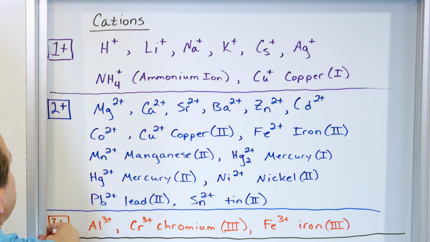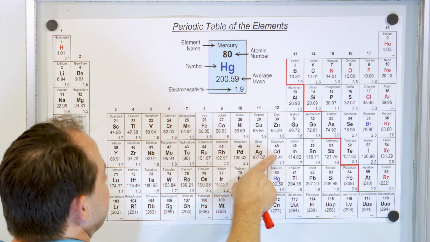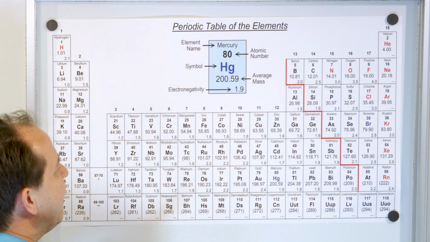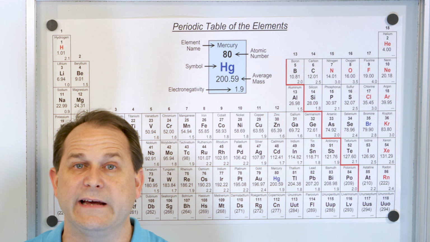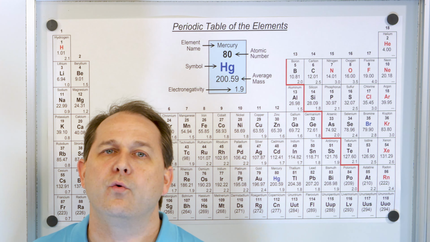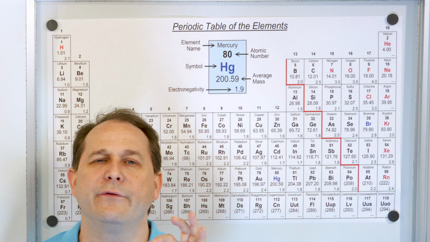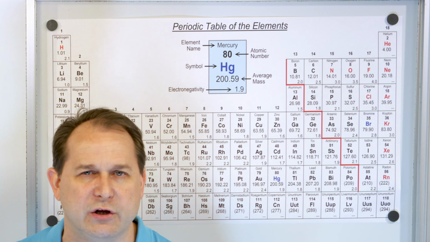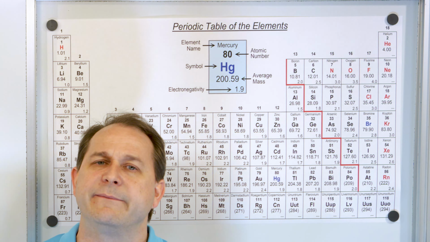Now here is silver. This one's different. Silver is not in the first couple of columns. Silver is in the middle of the table. Where is silver? Right here. Now I told you things in the middle of the table, you can't predict very easily what charge it's going to have. What often happens in the center of the table with those metals is they're almost always going to want to lose electrons, but sometimes they'll lose 2 electrons, sometimes they'll lose 3, sometimes they'll lose 4.